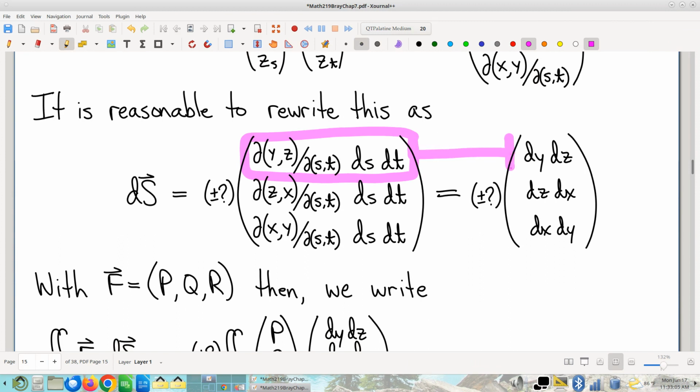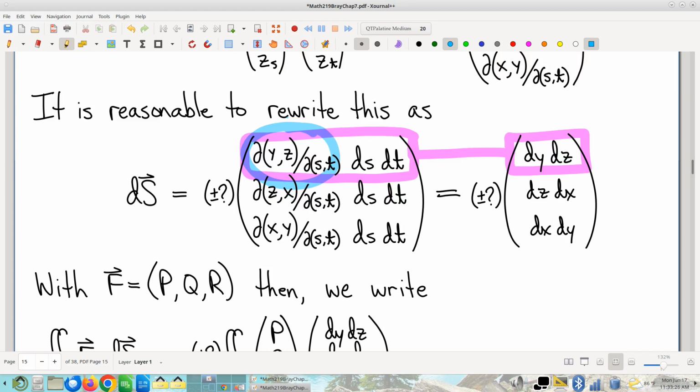Why am I just calling that dy dz? This is a little bit of an eyebrow raiser. As we've noted previously, this is the formula anyway for a two-dimensional change of variables, even though we are not really seeing a two-dimensional change of variables in the picture.